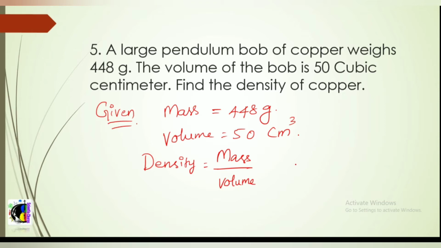So I think you can try now. 448 divided by 50. You can divide and easily get the answer. Generally when it is division, don't prefer calculators. Try to divide manually and find out the answer.